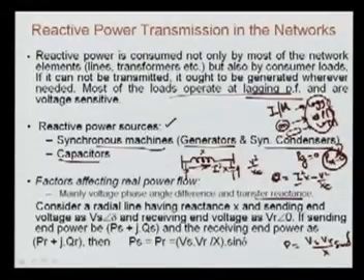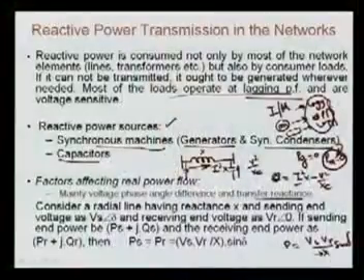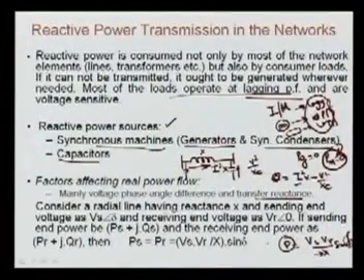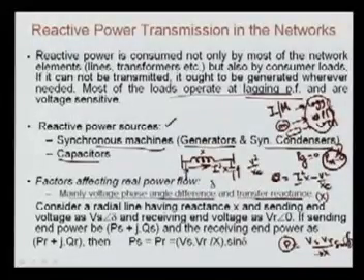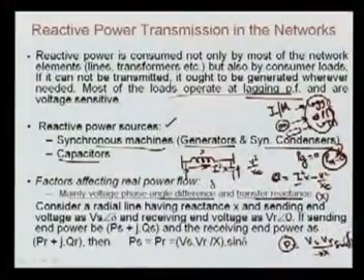The voltage is very little affected, because voltage change is not so much, but if X is changed and delta is changed, P is very much governed by X and delta. So the voltage phase angle difference, delta, and the transfer reactance X are the major factors affecting the real power flow in the transmission lines.